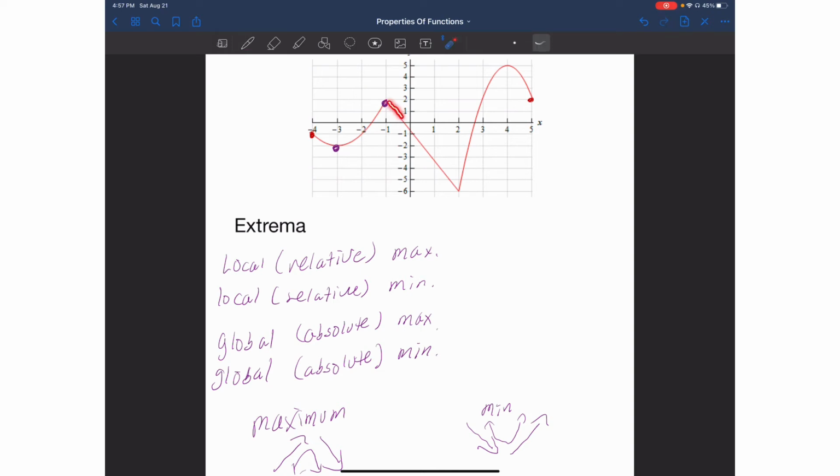Now I'm going to start decreasing, decreasing up until here, and then I'm going to increase, giving me another extrema. I'm going to follow my graph again, increasing, increasing, increasing, changes to decreasing one last time, giving me my fourth and last point of extrema.